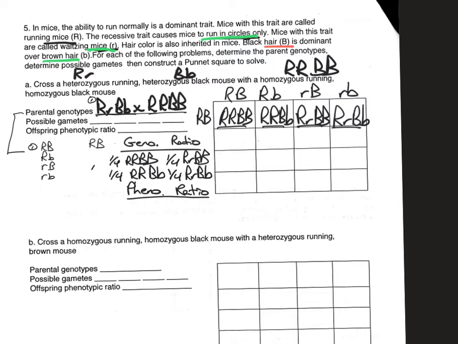So when we look at these, this is running black, this is running black, this is running black, and this is running black. So even though the genotype is 1/4 each, your phenotype is 100% running black.